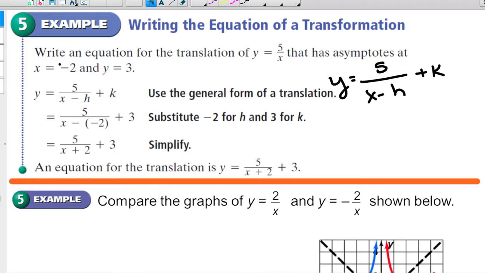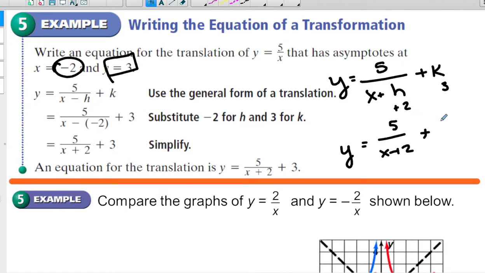Now they give us that x is -2 and y is 3, so you have to plug in -2 here and 3 here. Minus and negative makes that positive, so then you have y equals 5 over x plus 2 and then plus 3. And that would be your equation.